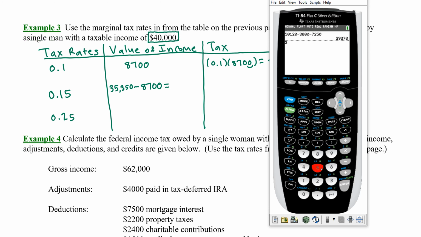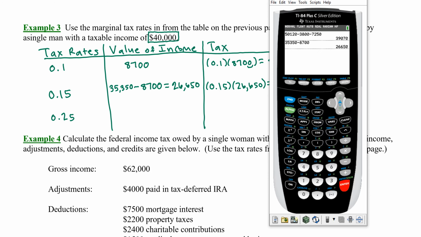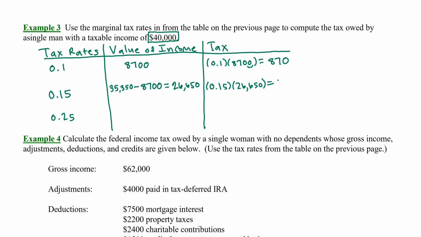So we have $35,350 minus $8,700, and that gives us $26,650. So he's going to pay a 15% tax on that chunk of his income. Let's see how much that's going to be. So I'm going to take the $26,650. The calculator is going to remember it if I just enter the times button, times 0.15, and on this portion of his income, $3,997.50.